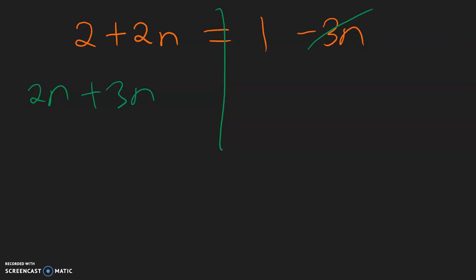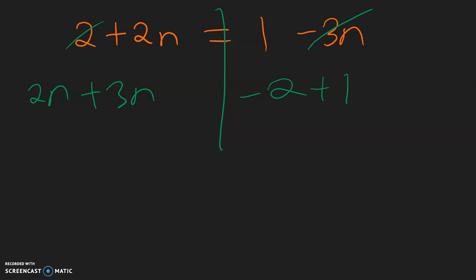And on the right side, we want just the numbers by themselves. So this positive 2 needs to move, and so positive is going to change to a negative. And this 1 is already on the right side, so just copy it down, but this is a positive 1. I'm going to show that it's a positive 1 by writing a plus 1.